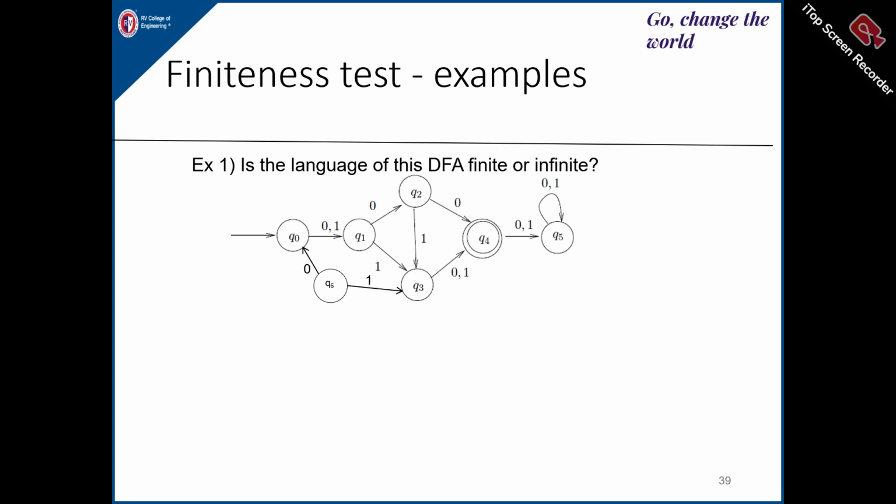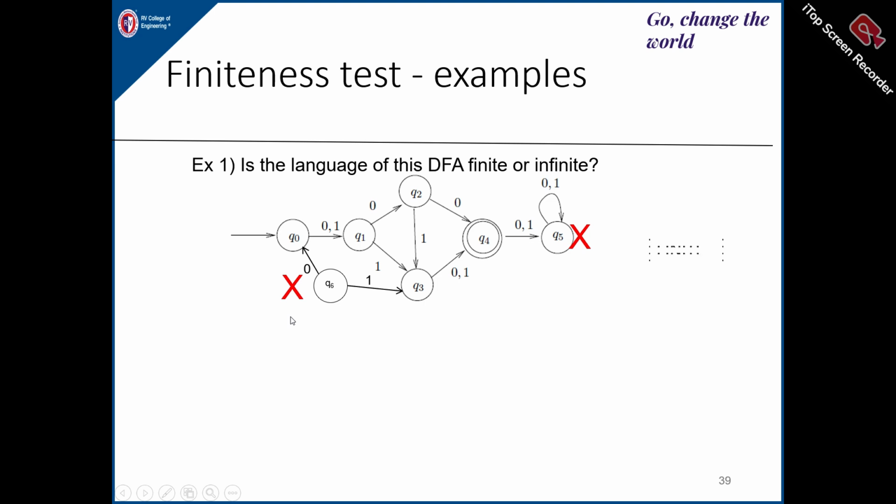Suppose we see the finiteness test example. Given this DFA, you want to check whether it is finite or infinite. What are the two steps? You remove this state, because this is an inaccessible state, and this is a state from which you will not reach the final state. So these two states I will remove.